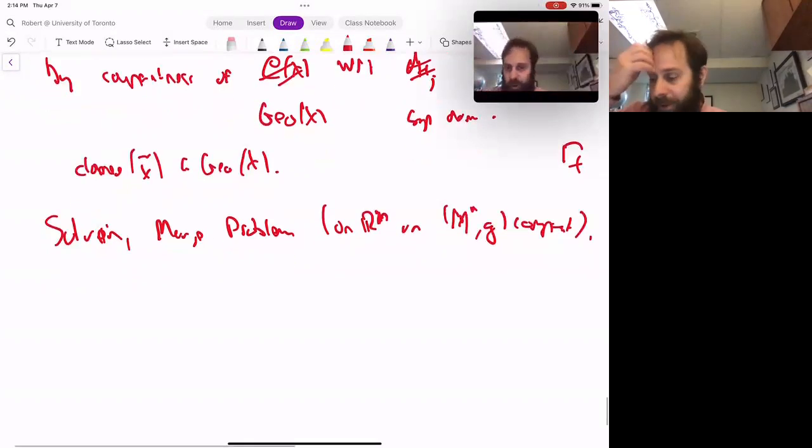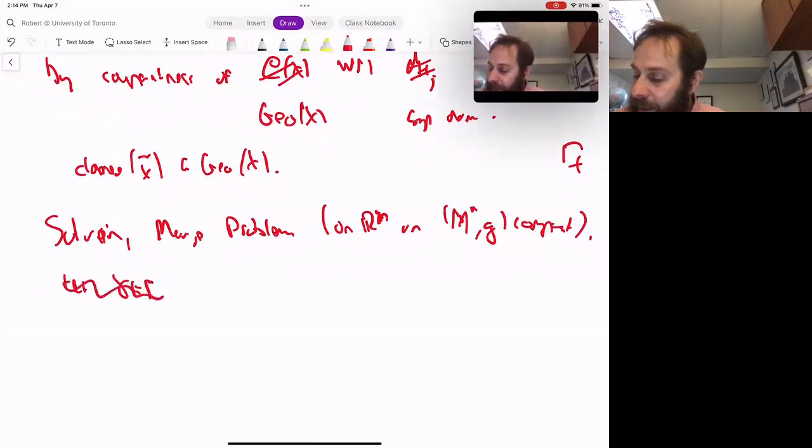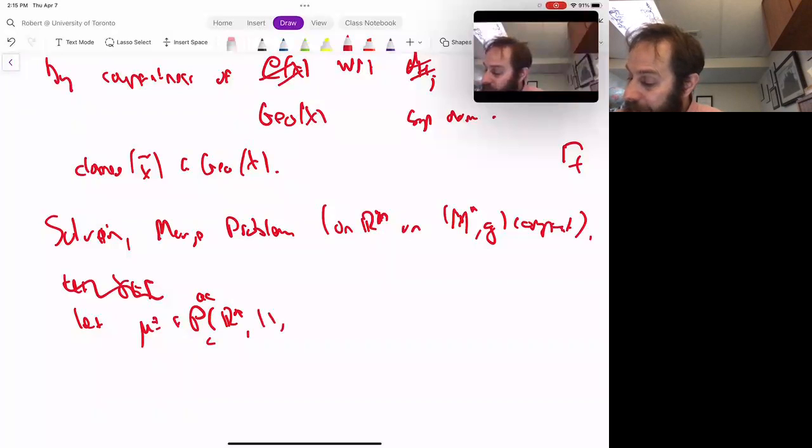So I would actually work on a big compact ball in Rn. So to do this, I'm going to first let mu plus and minus be probability measures, but they're going to be absolutely continuous and compactly supported with respect to Lebesgue measure.